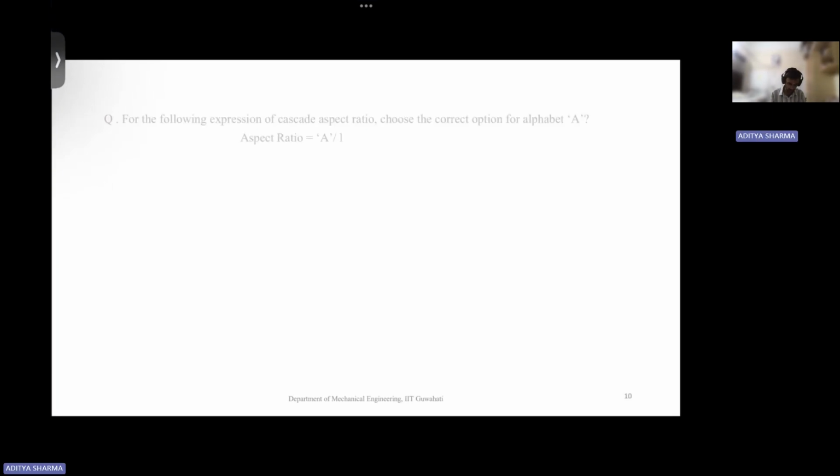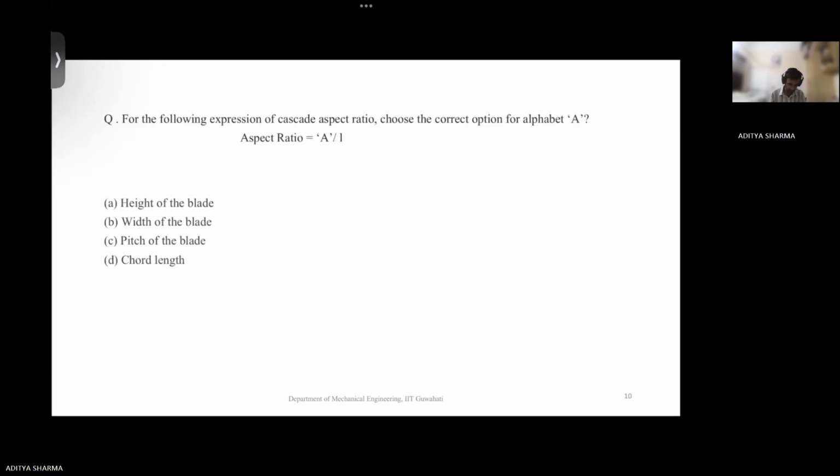So three topics, then questions, let's see. So this here says that for the flow expression of cascade aspect ratio, choose the correct option for alphabet A. A by L we have been given.